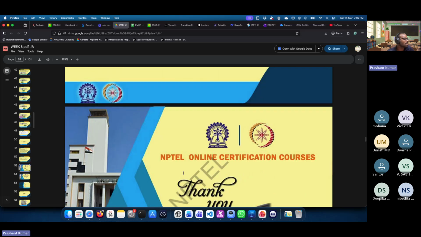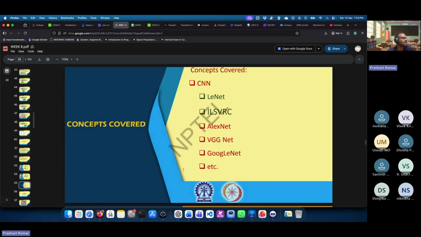Now there was another model that is called AlexNet. AlexNet was created with a data set of around 1.5 million images, classified into overall 1,000 different kinds of output.